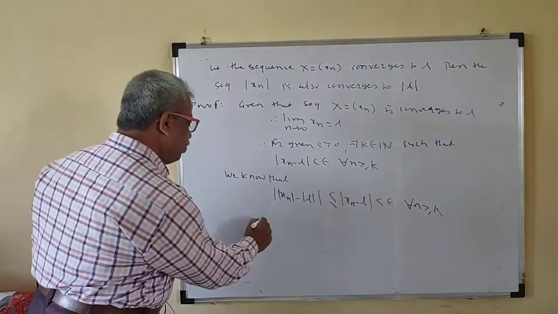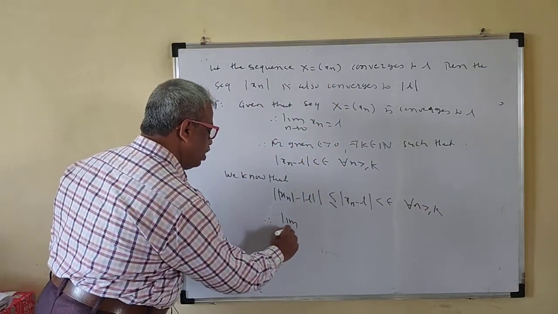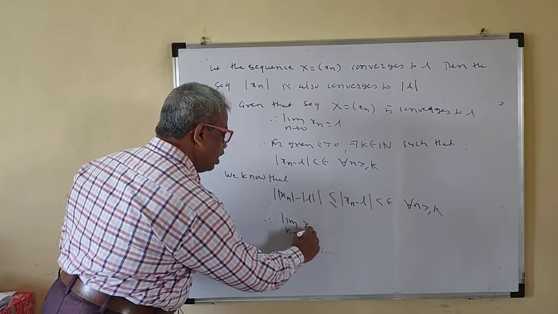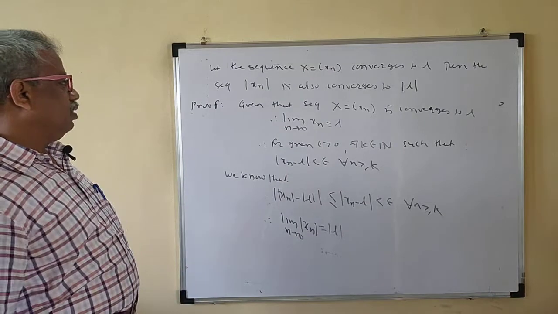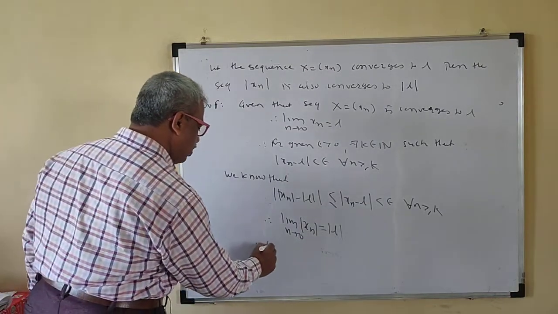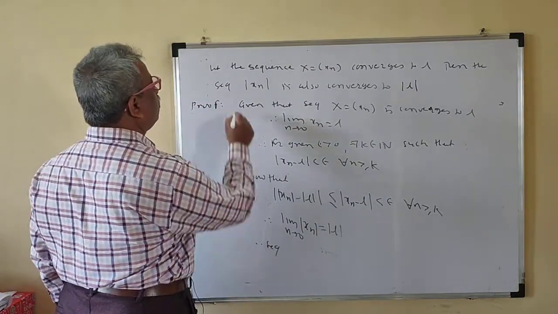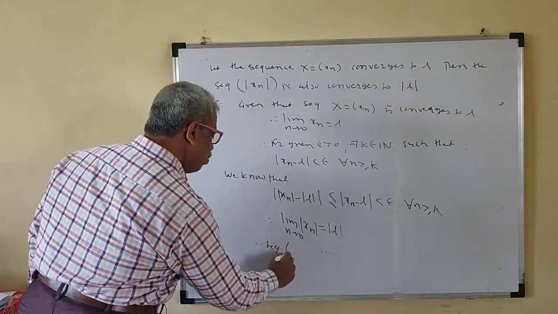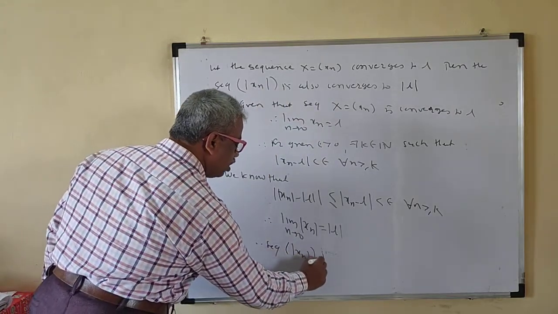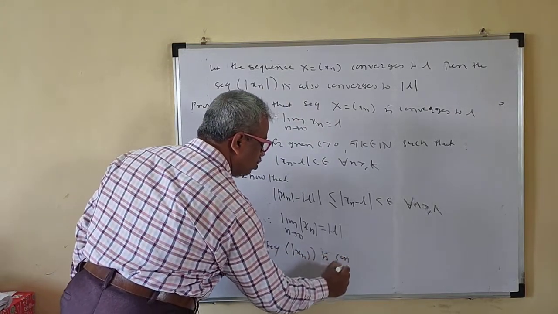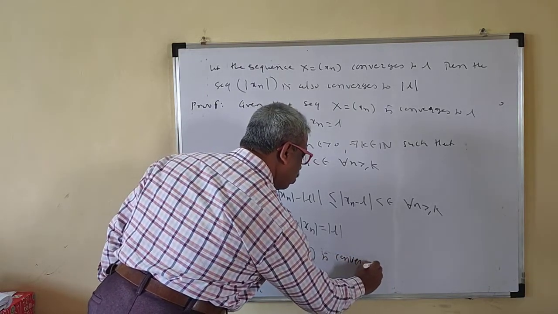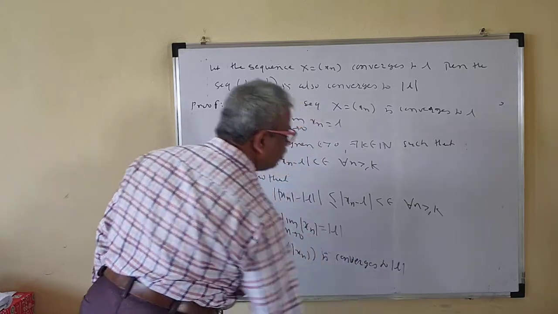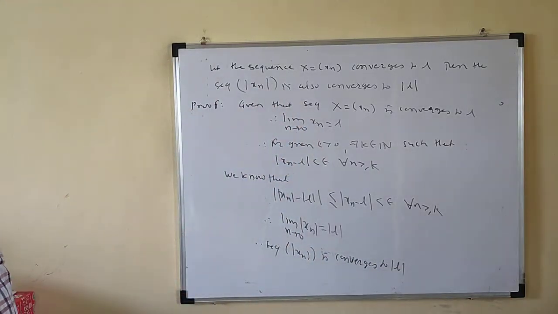Therefore the limit as n tends to infinity of mod of xn is equal to mod of l. Therefore the sequence mod of xn converges to mod of l. So the proof is over.